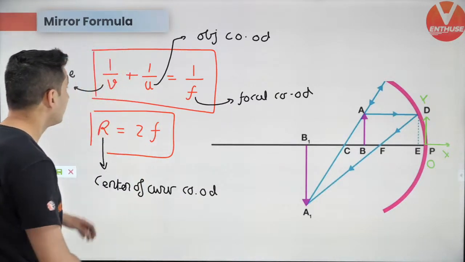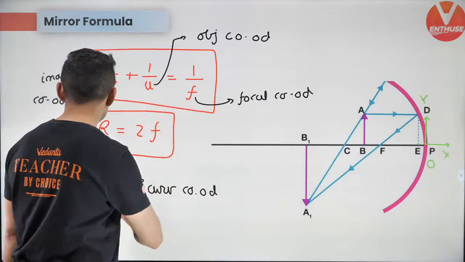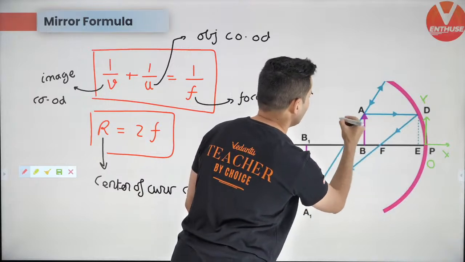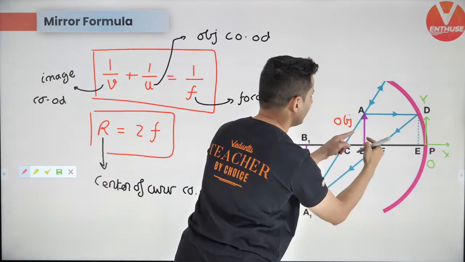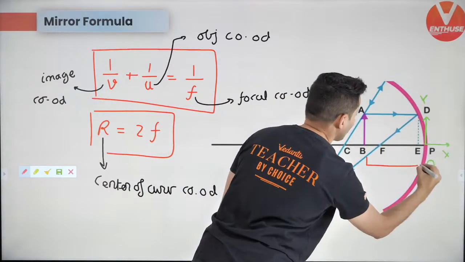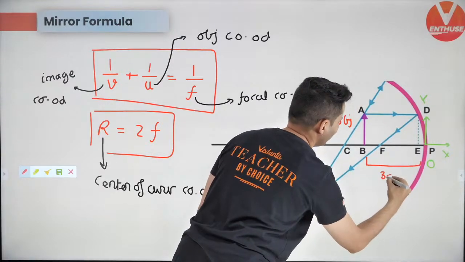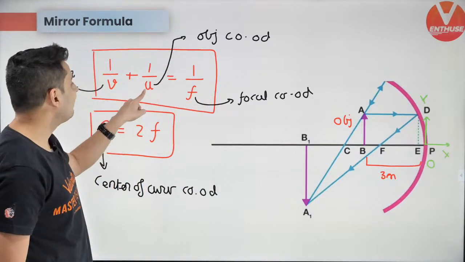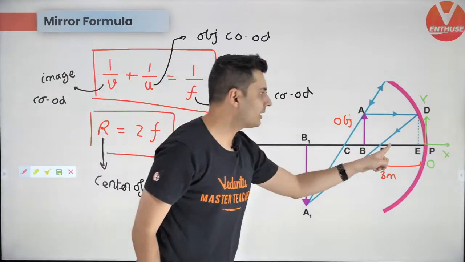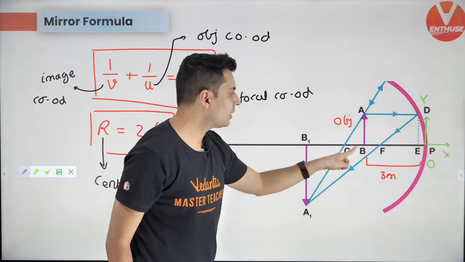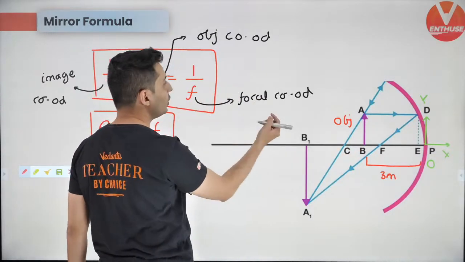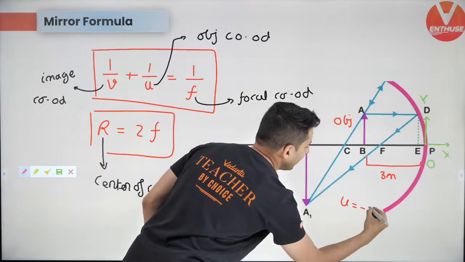Now why am I saying coordinates? That's very important. Because imagine this is your object, and let's say this distance is 3 meters, just a random example. Then what will be the value of u? Think about it, in the coordinate system, won't the coordinate of the object be -3? So that's why the value of u will be -3.